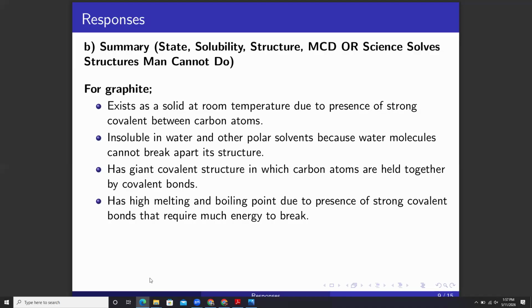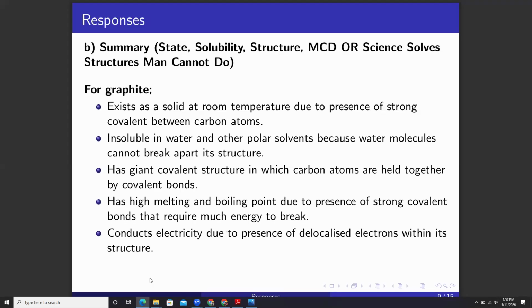Apart from melting, there is also conduction. Graphite, by the way, is the only non-metal which conducts electricity. Why? Within the structure of graphite, you have mobile electrons. So it conducts electricity due to presence of delocalized electrons within its structure. Note that the first four properties, exist as a solid, insoluble in water, giant covalent structure, high melting point, can work for diamond and for sand.